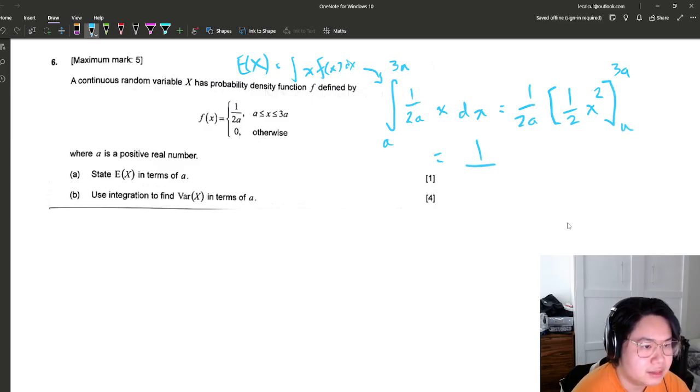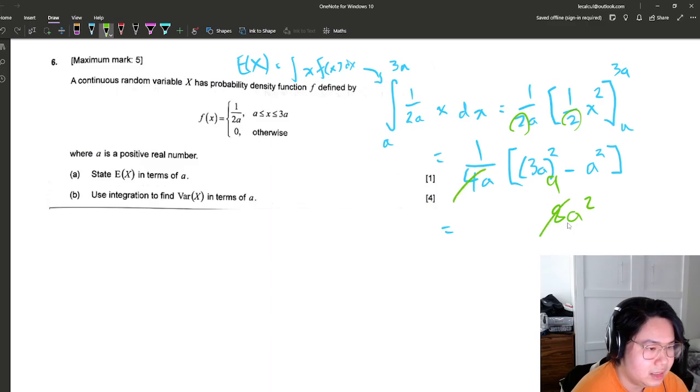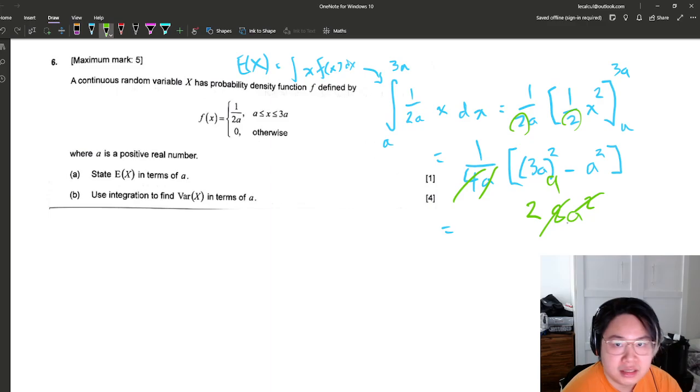So this is 1 over 4a times 3a squared minus a squared. So then, this is the 4, right? This is 9. 9 minus 1 is 8. So I have 8a squared. This will cancel with that 8 and get 2. This a divides with this a squared. So I have 2a, right?